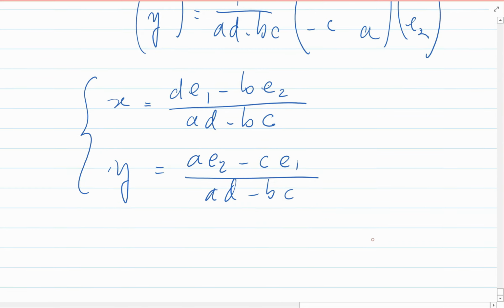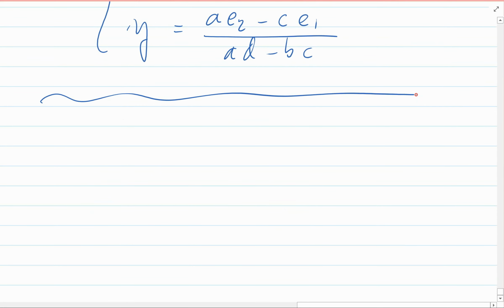Before I close this window, let us look at the relationship between the inverse and the transpose operation.